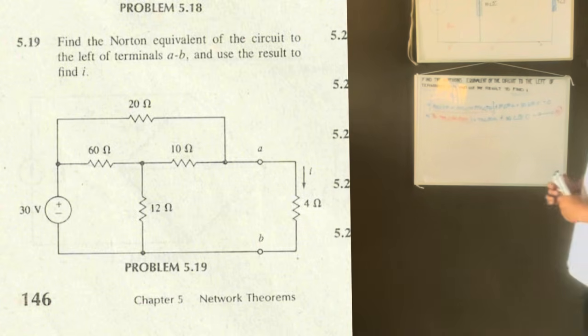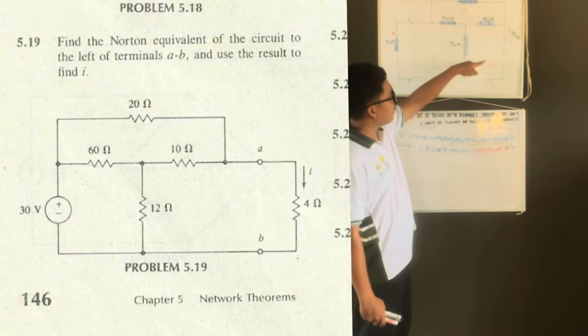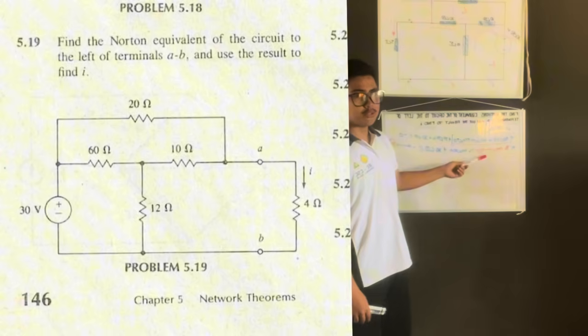Now, the second thing we do is to get the KVL at loop B. We will do the same as this first one.